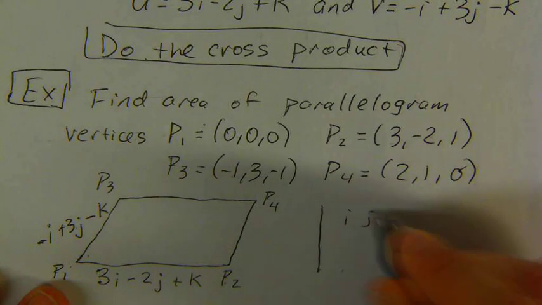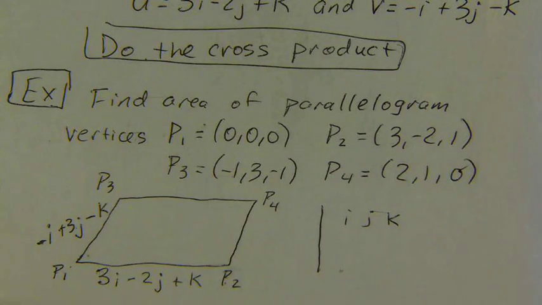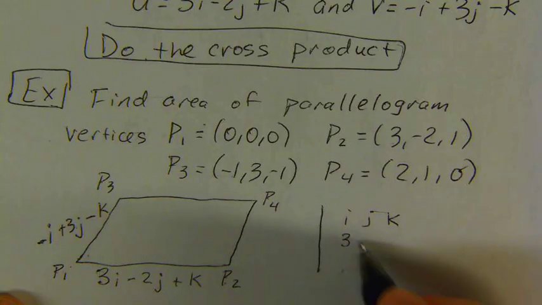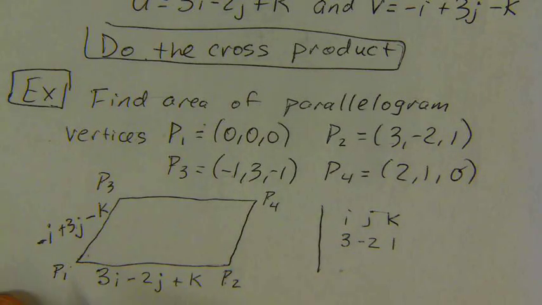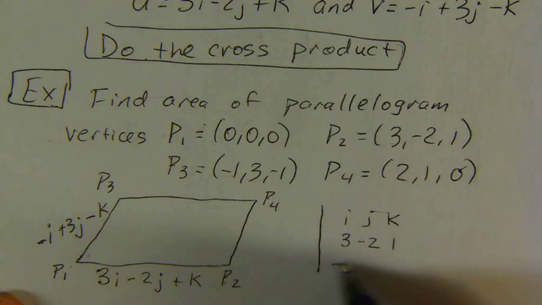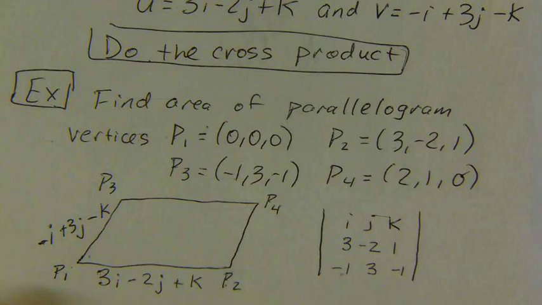i, j, k. And then put one of the vectors here, 3, negative 2, 1. Put the other vector here, negative 1, 3, negative 1. And if you're thinking to yourself, wait, how do I know which one to put in the second row and which one to put in the third?